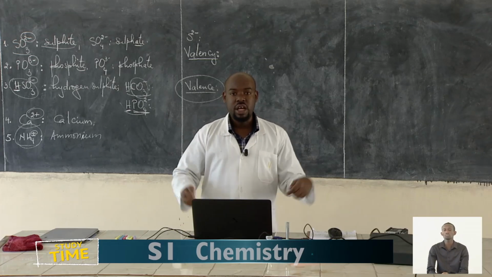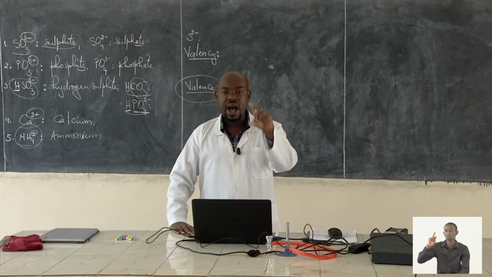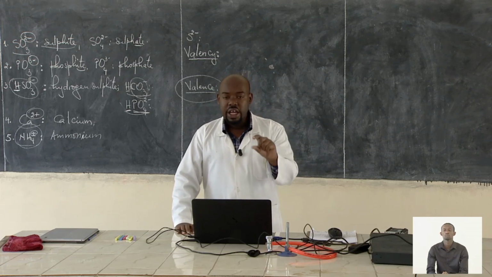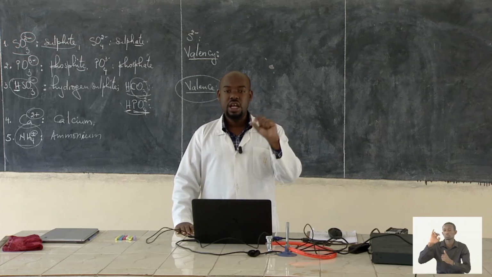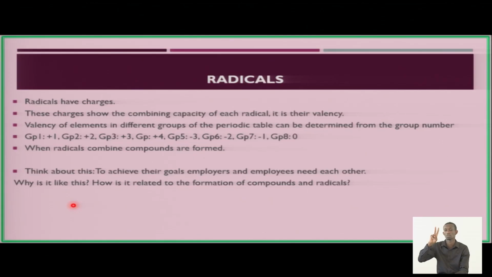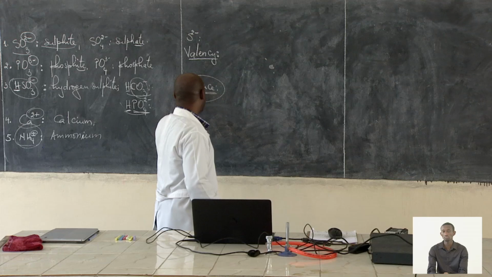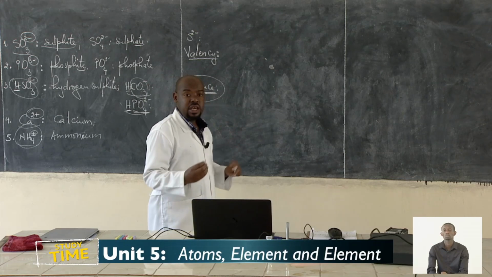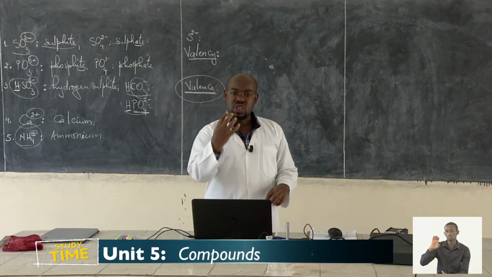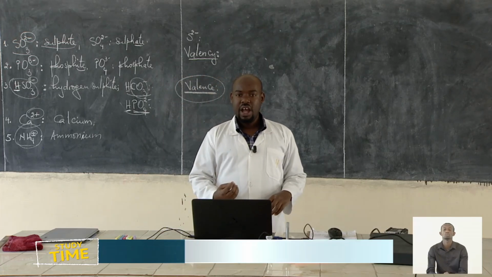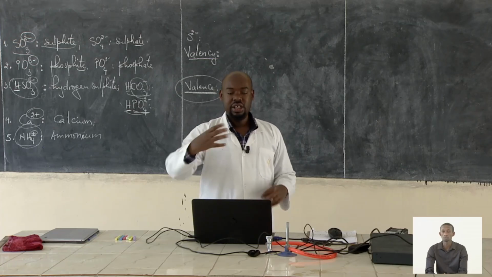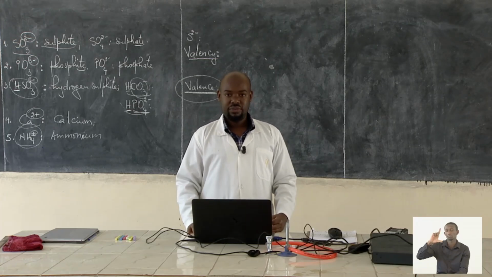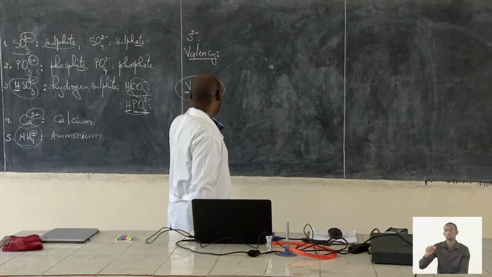So the number of electrons present in the last energy level or the last shell, we call valence electrons. So valence means last. Valence electrons means the electrons in the last electronic shell, and valence shell means the last electronic shell. So we understand the meaning of valence.